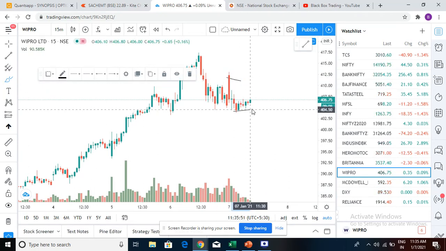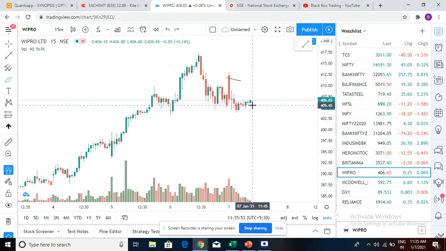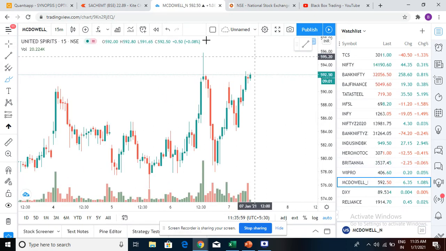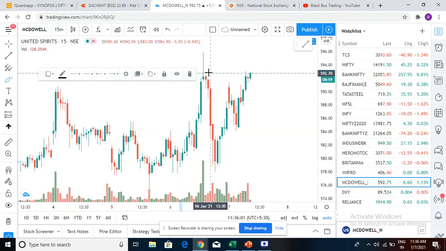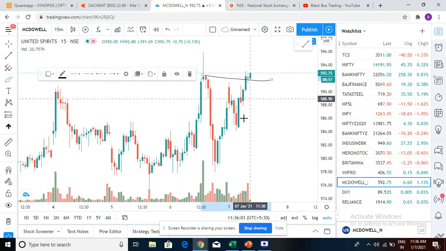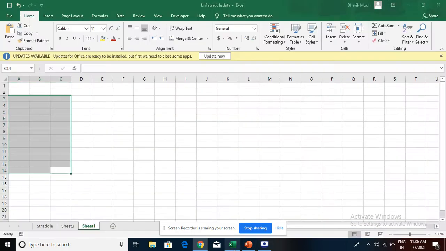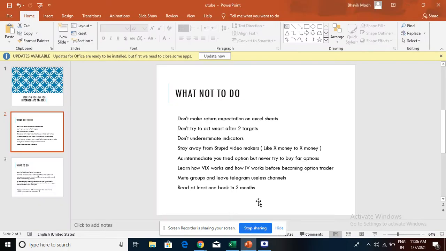We shorted here, we bought here, just an example. We gain more confidence, and in the third trade, we consider ourselves a god and we just buy directly without a crossing, thinking this will definitely cross. Because my luck is with me today, I can do anything. No, don't try to act smart after two targets.